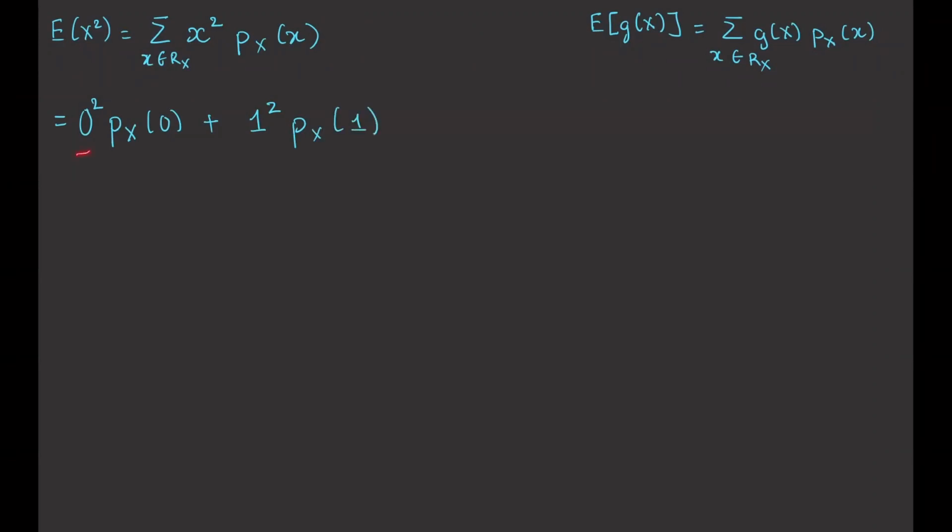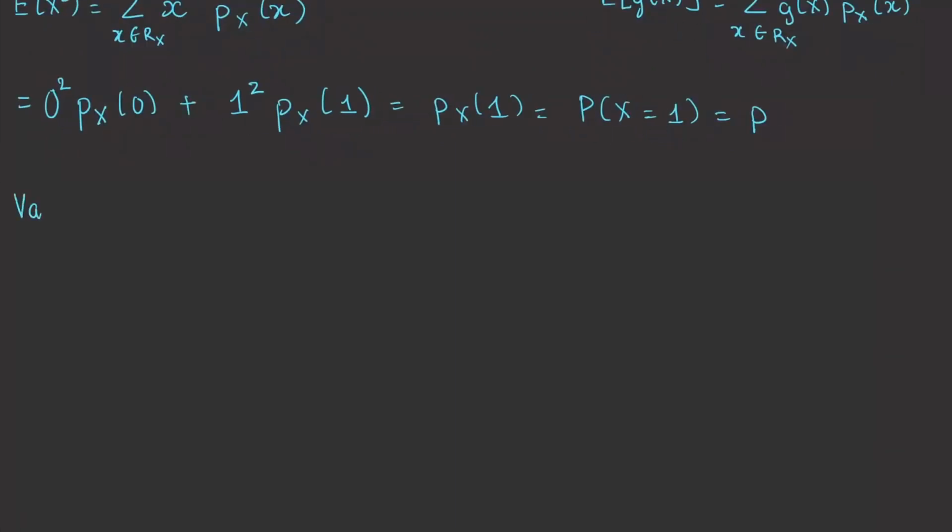Here I have 0 multiplied with any number. It's just 0. In here I have 1 squared multiplied with the probability of x equal to 1, which just gives me the probability of x equal to 1. And that's just p based on our probability mass function.